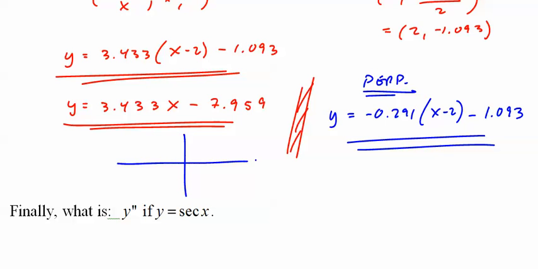I get the original tangent graph, looks something like this. Tangent x over x. The tangent line is right here, and the normal line is right here. Something like that.